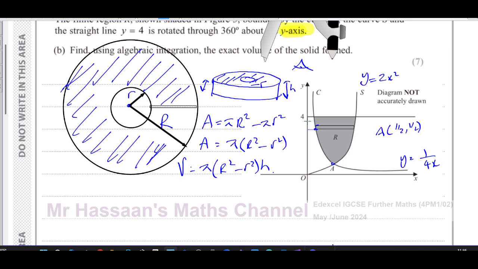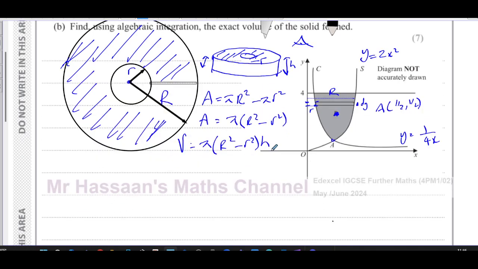And then you have the distance between the y-axis and that point over here. That would be the outer radius. So this is our big R. Ignore this R for now. And that would be our little r. And the thickness is just a very small section of the y-axis, which we're going to call dy. That's the thickness of the strip.